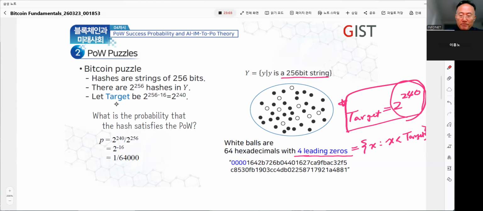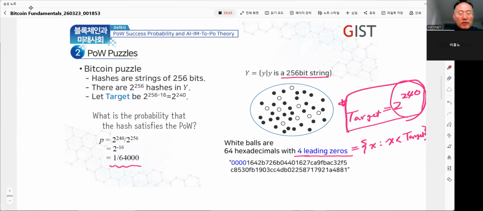Now you can calculate the probability P that a single hash satisfies the POW. That is 2 to the 240 divided by 2 to the 256. So that is going to be 2 to the minus 16.